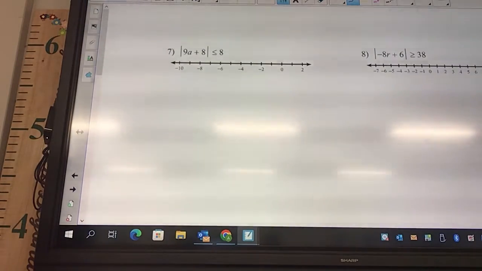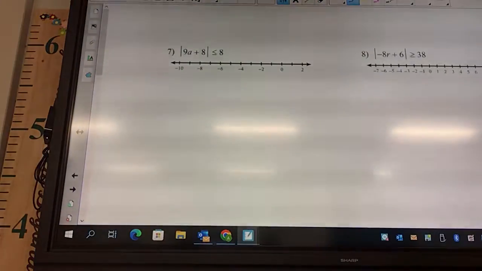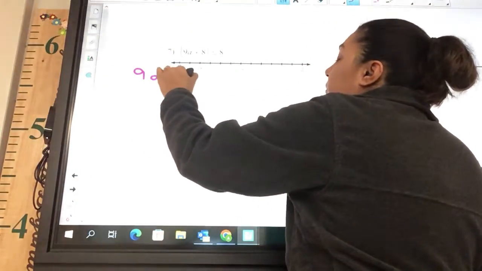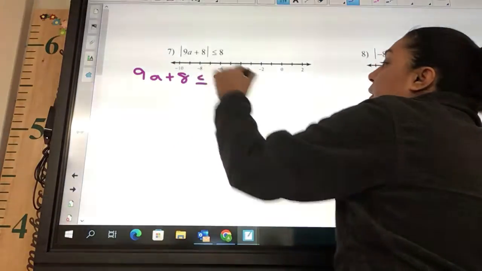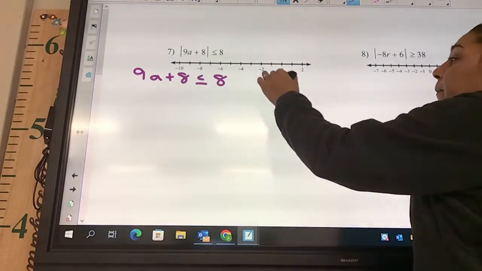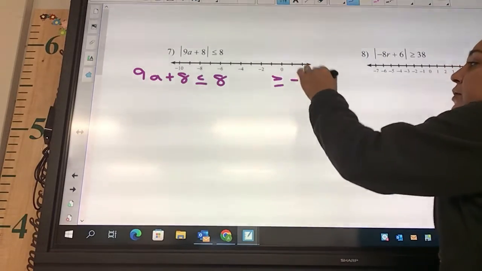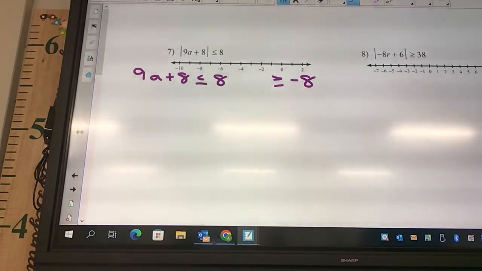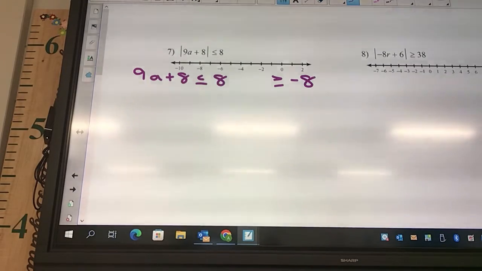Okay, 7. I'm going to write my equation down. Because there's nothing on the outside of the bars, we're going to flip it and change it to a negative. What needs to be moved first?